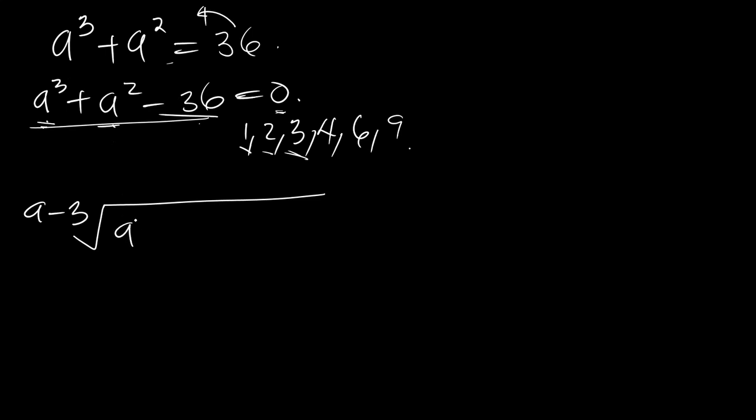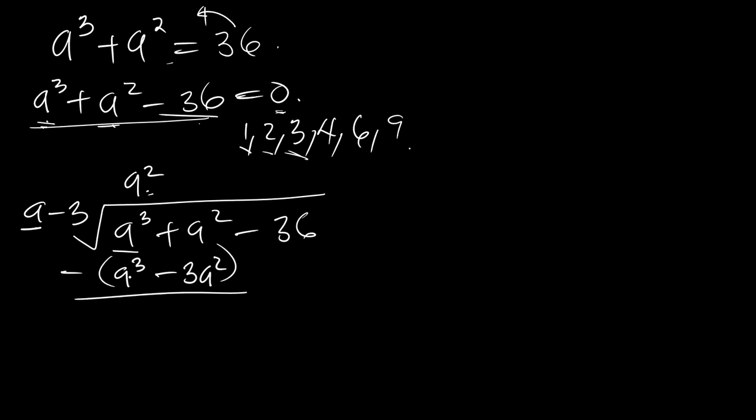So now we have a cubed plus a square minus 36. Dividing a cubed by a, you have a square. Using this a square to multiply a, you have a cubed. Now also use this a square to multiply minus 3, you have minus 3 a square.